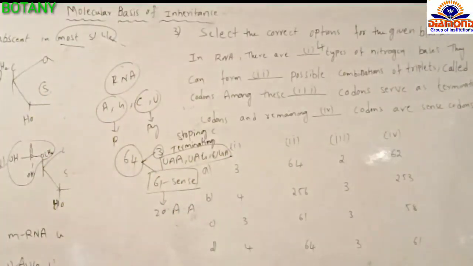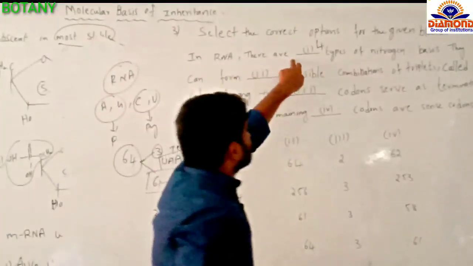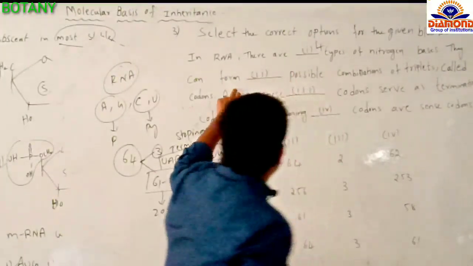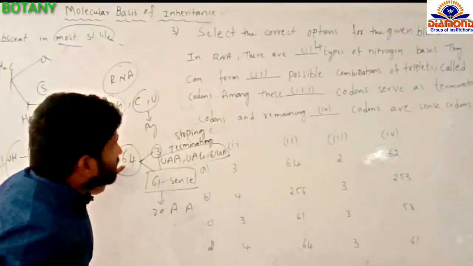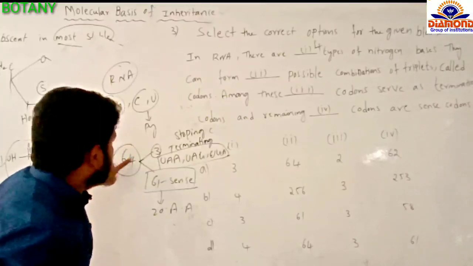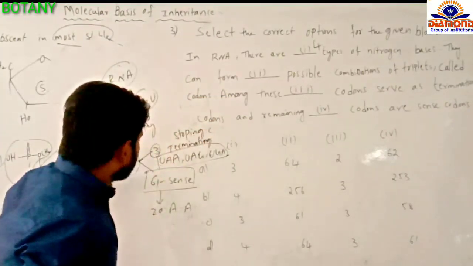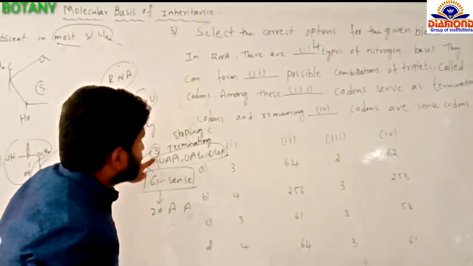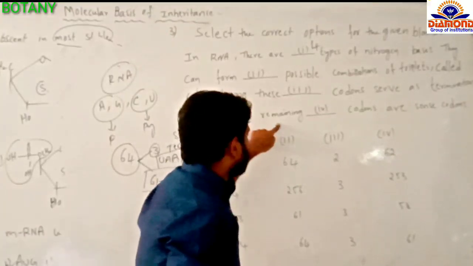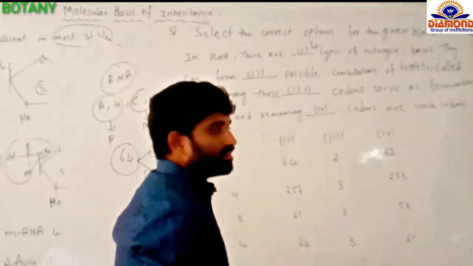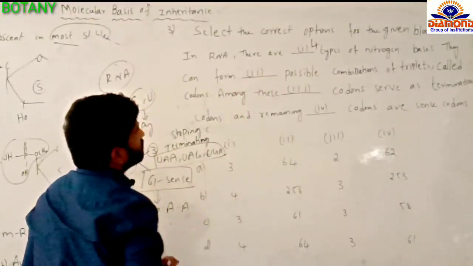So now based upon that sentence, in RNA there are 4 types of nitrogen bases that can form 64 possible combinations of triplets called codons. Among these, out of the 64, 3 codons serve as termination codons, and the remaining 61 codons are sense codons. So the options are in the blanks 1, 2, 3, 4.